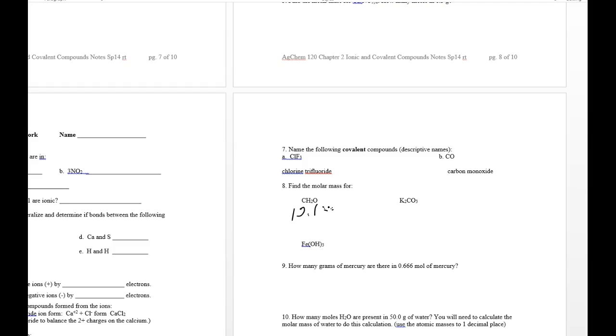The molar mass of water is 18 because hydrogen is 1 times 2, oxygen is 16. 16 plus 2 is 18. So you got 18 grams per mole of water. If I've got 50 grams of water, I just need to divide 50 by 18, right? To find out how many moles there are. And if you divide 50 by 18, you come out with 2.8 moles of water. Is that not what you got?